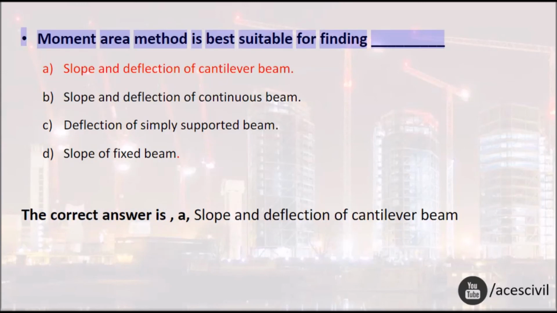Moment area method is best suitable for finding A. Slope and deflection of cantilever beam, B. Slope and deflection of continuous beam, C. Deflection of simply supported beam, D. Slope of fixed beam.